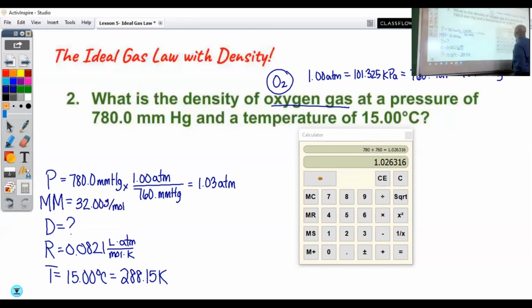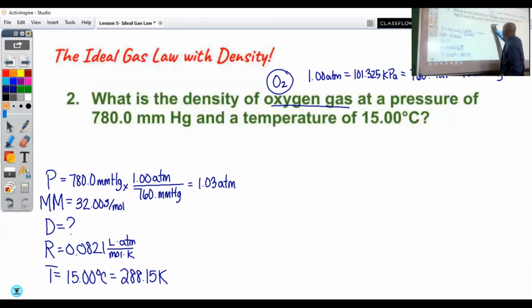So now we're going to use that new equation that we just learned today. We have pressure times molar mass equals density times R times T. This time we're solving for density.